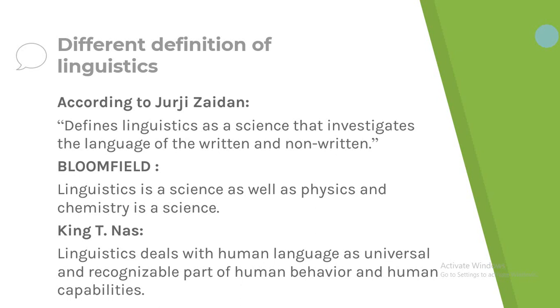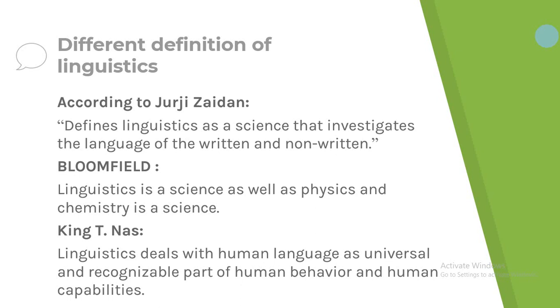According to Bloomfield, linguistics is a science just as physics and chemistry are sciences. Mostly we read different sciences. If we are talking about language, the science is also known as linguistics.